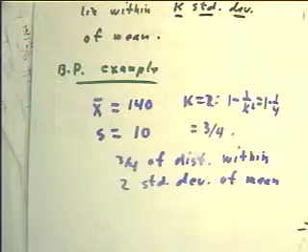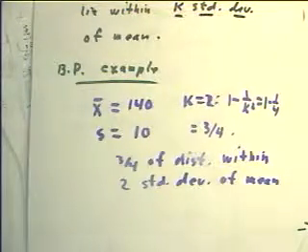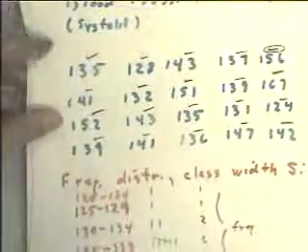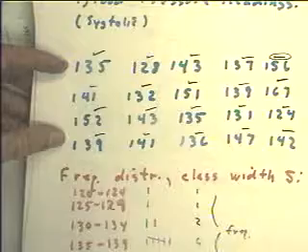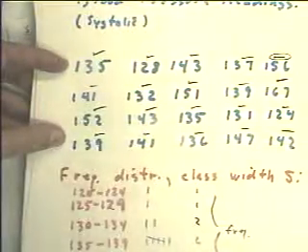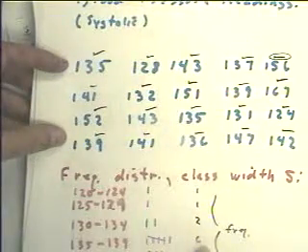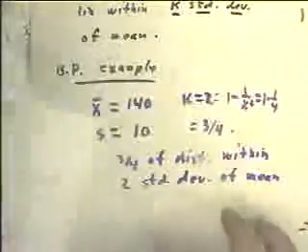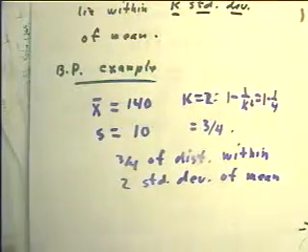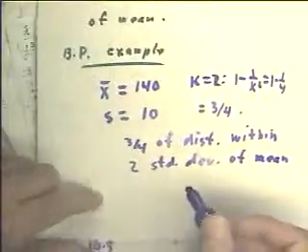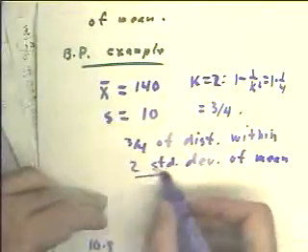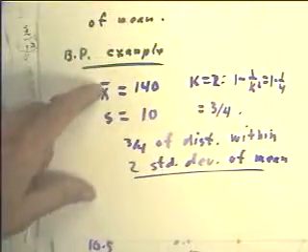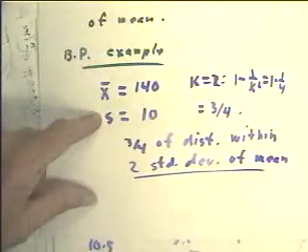Now, if we go back to that data, give me a second to dig it out. Okay, here's our original data. We have these values. Which of these values are within 2 standard deviations of the mean? The mean is 140 and the standard deviation is 10.